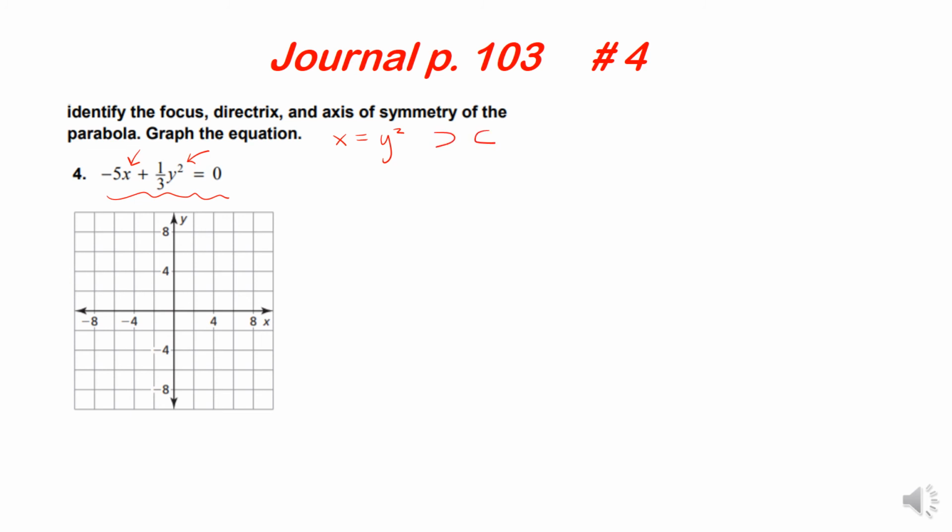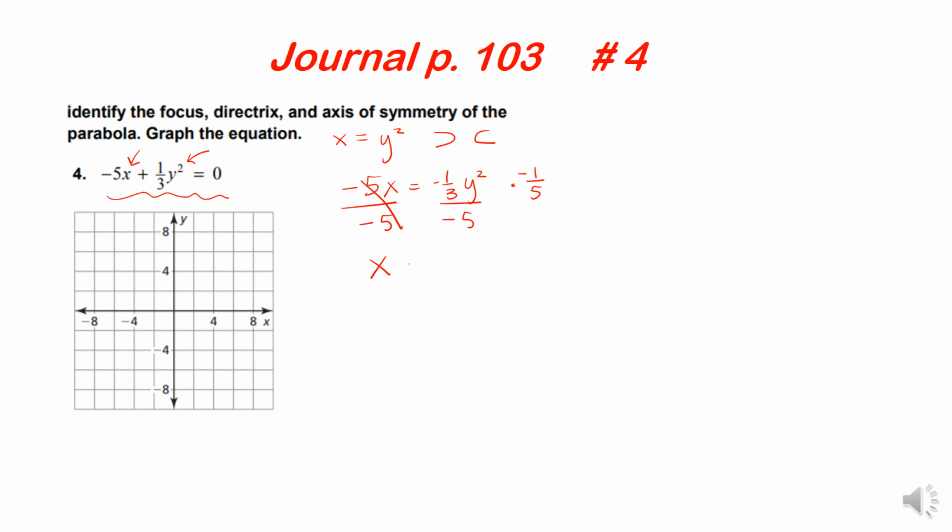So the first thing I want to do is simplify my equation. I'm going to move the 1/3 x over to the other side using opposite operations. And then I'm going to divide off my coefficient of x. And we know that when we divide a fraction by a number, we can just go ahead and multiply by the reciprocal.